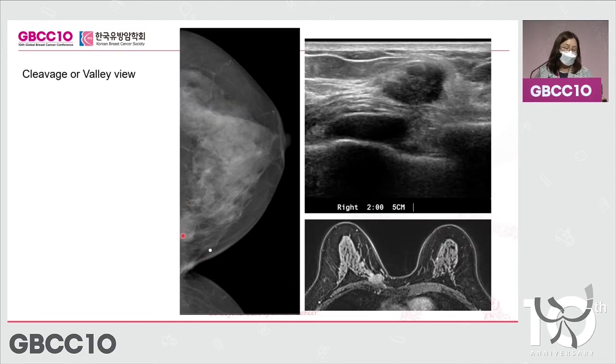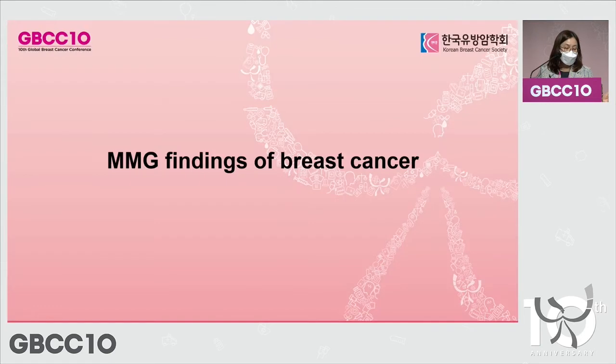It was located very deep here, and in this case, we needed to secure a valley view so that both breasts can be seen on the same image. As you can see here, the breast cancer was present in this very deep area, where we need to take a valley view. So even if there is a palpable mass, sometimes it's very difficult to see on such images, and you need to know which views you need to secure to locate that mass.